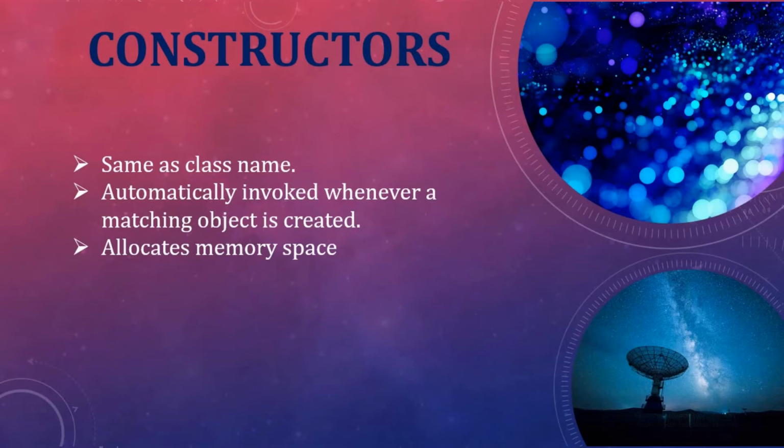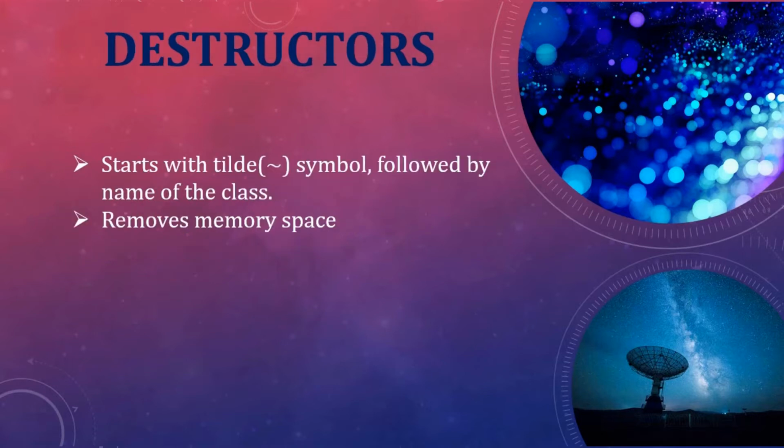When we come back to the destructor, there is no special case of when the destructor will be called. Here the .NET framework will automatically call the destructor whenever there is no need of using that particular object, to remove the allocated memory space for that object, right?